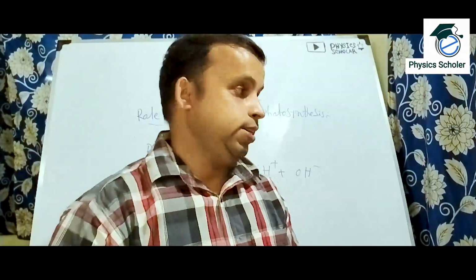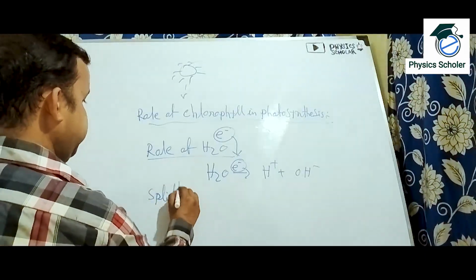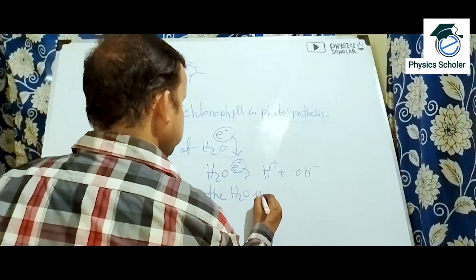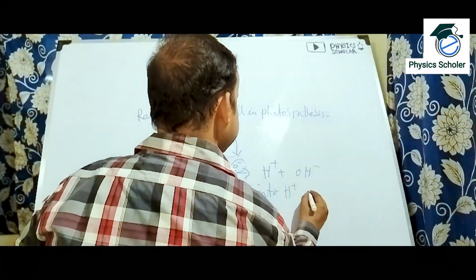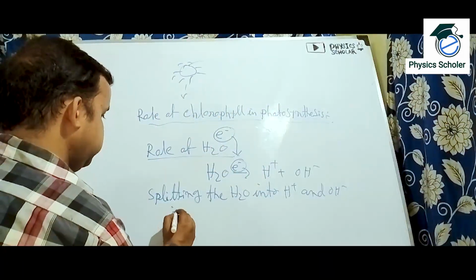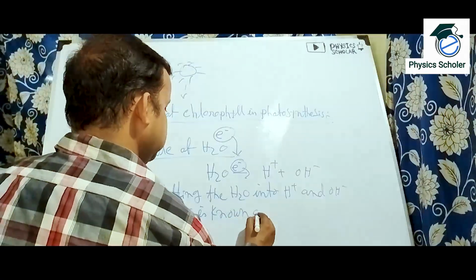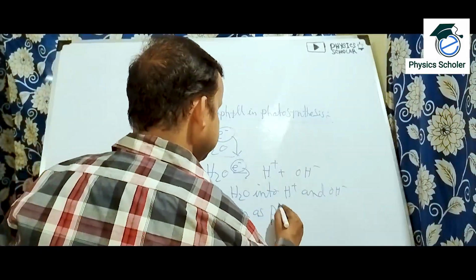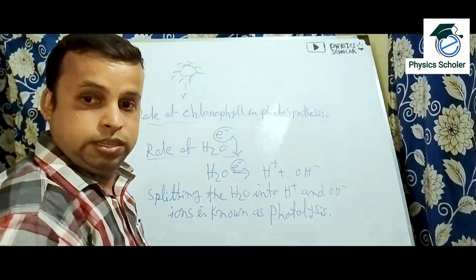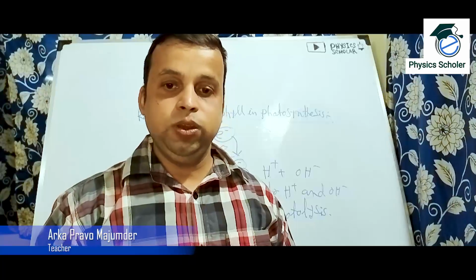This process of splitting the water into H plus and OH minus ion is known as photolysis.